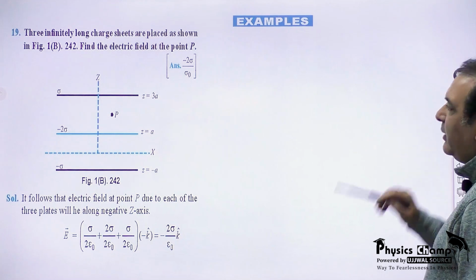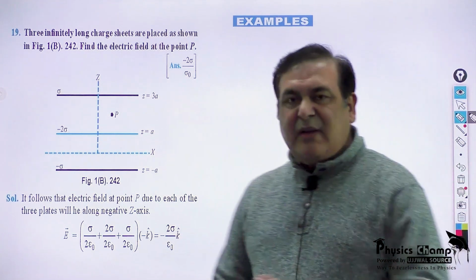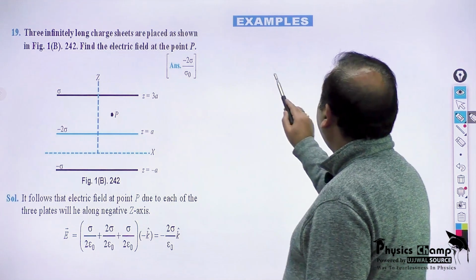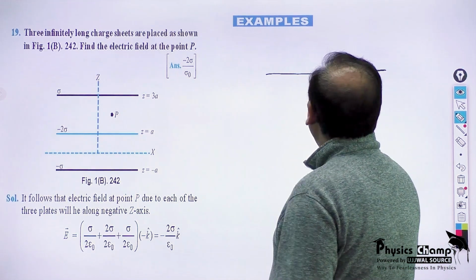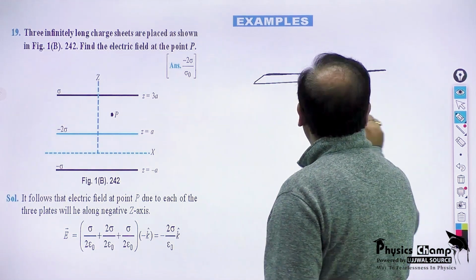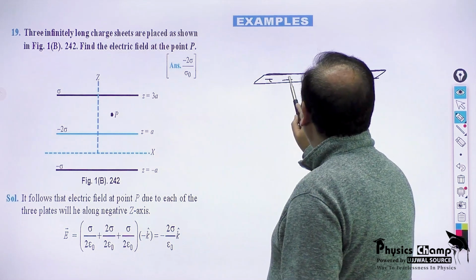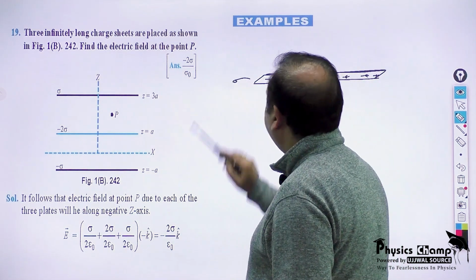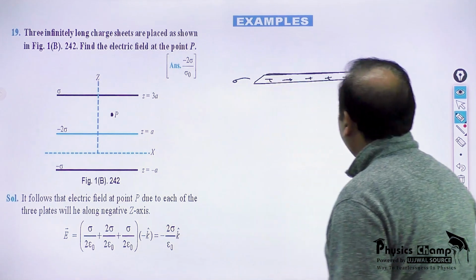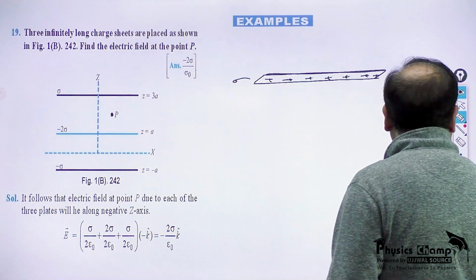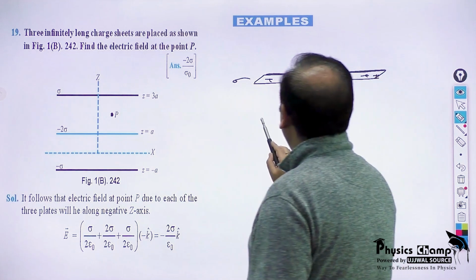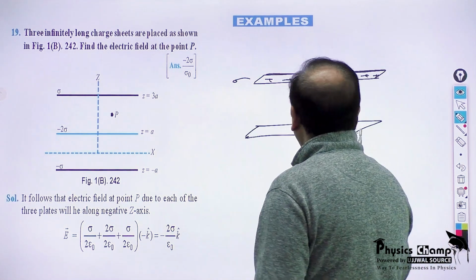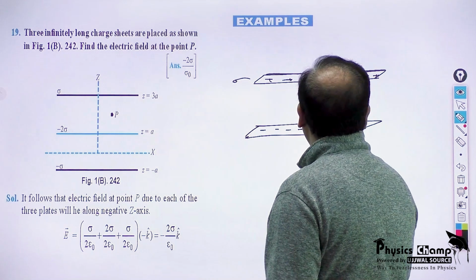Question number 19 is another direct question. In question number 19, we are provided 3 plates. This is a plate having surface charge density sigma in z-axis. This is another plate, and it has a surface charge density minus 2 sigma.